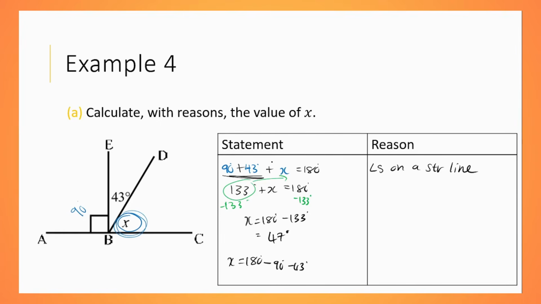Also, just another note, you don't have to have a table like this. You could write straight on your piece of folio or wherever you are writing, and just write the reason next to it. Or if you want to, you can put it in brackets, but it's not compulsory. So just note you don't have to draw a table for yourself every time.